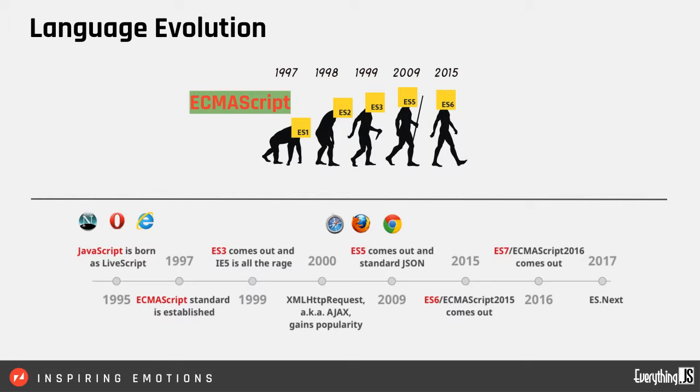So recently we got the 2019 spec, and there we have some features. In ES6, ES 2015, we got a whole lot of features, and in ES 2019 we got only a few features. So this was one of the major milestones for JavaScript.